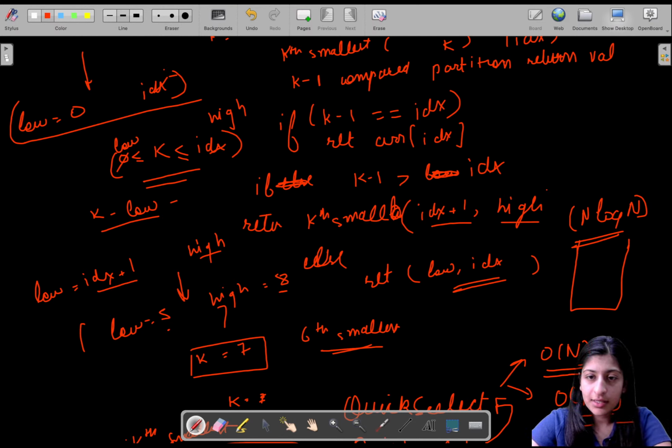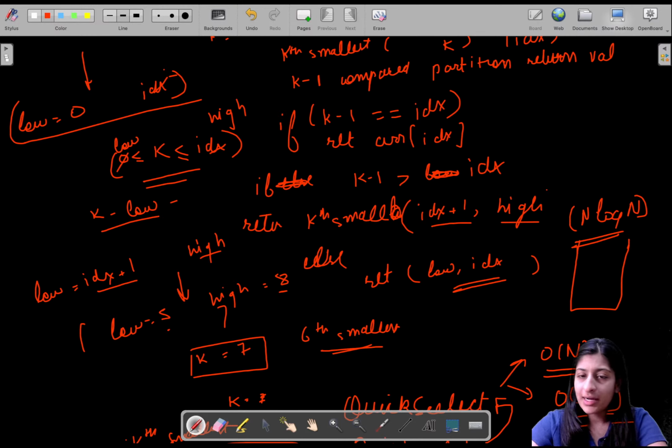So let it be temp is ARR of i, ARR of i is stored with ARR of j, and ARR of j is temp. That's what you do. Now you simultaneously increment the count of i. In the other case, if your ARR of j is greater than pivot, you simply increment the count of j.